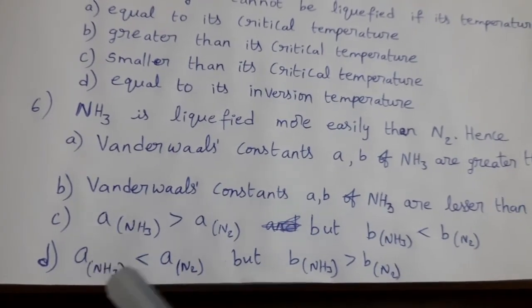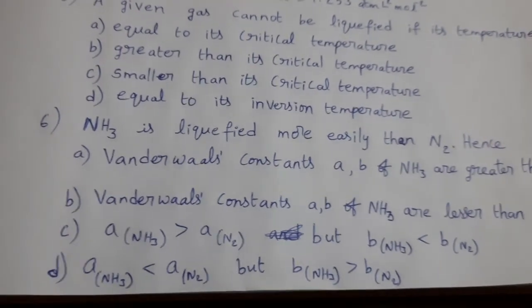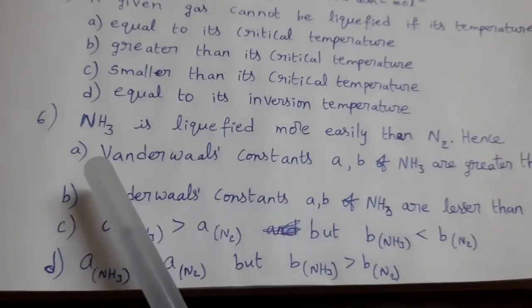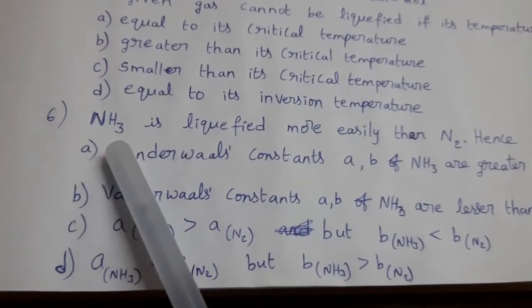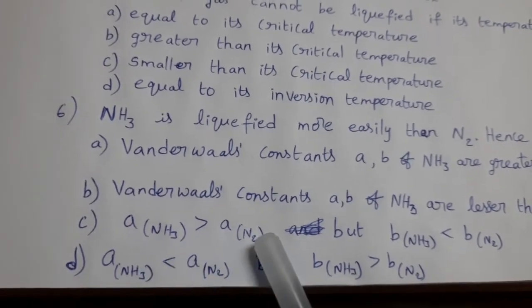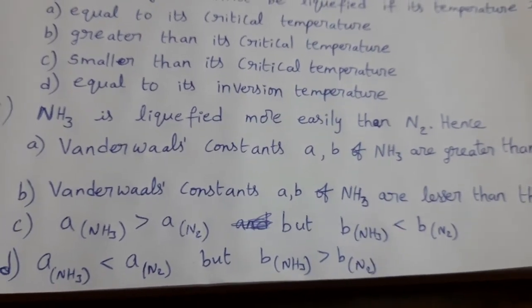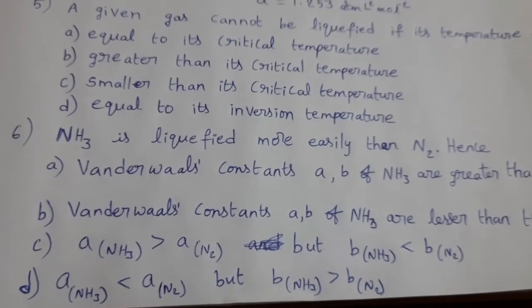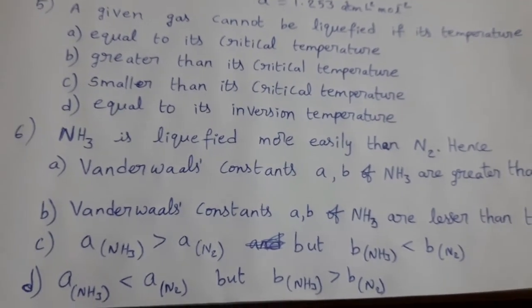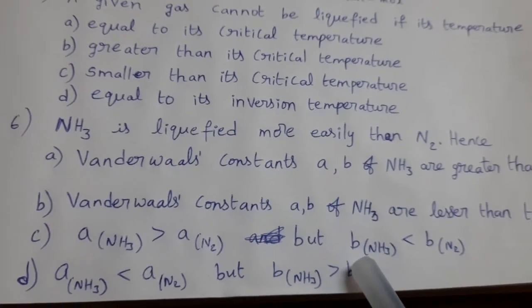A is the measure of magnitude of intermolecular forces between the gas molecules. NH3 is easily liquefied than N2 means intermolecular forces in ammonia gas are stronger than N2. That's why this statement is correct. Come to this one. B represents the effective size of the gas molecules. Size of the gas molecules is more, then compressibility is less. Size of the molecules is less, then compressibility is more.